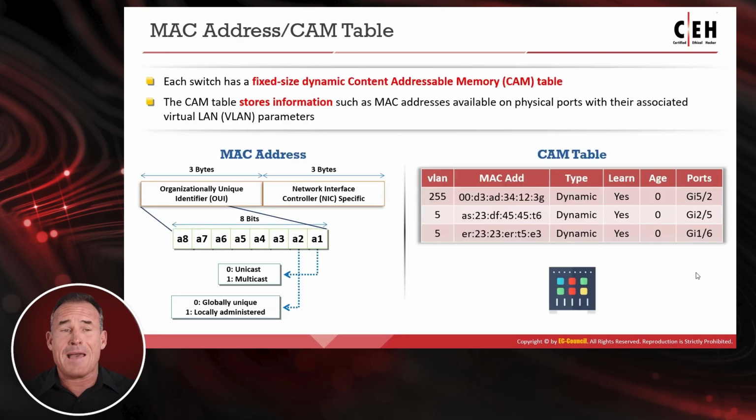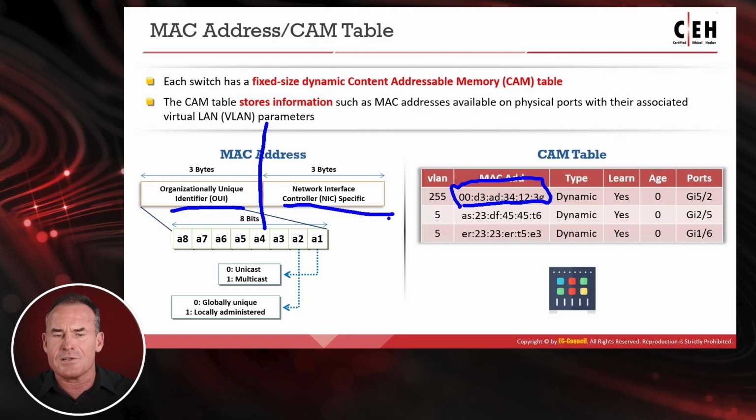All right, so the MAC address or the CAM table, this is what that's actually going to look like in memory. So you've got a big, long MAC address, which is comprised of two components: an organizationally unique identifier, which signifies the vendor, and a network interface controller specific, which is unique to the manufacturer.